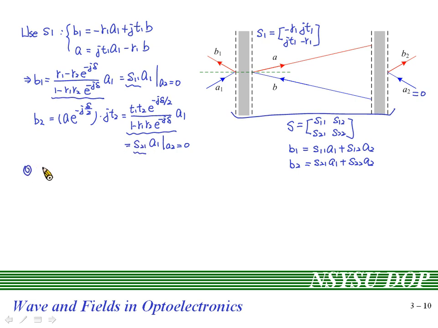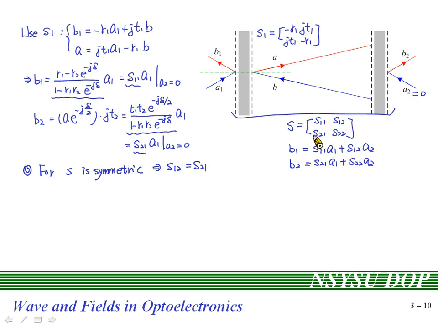And due to the scattering matrix S being symmetric, we know that S12 will be the same as S21. So of the four elements in the scattering matrix of the whole system, we have already obtained S11, S12, and S21.